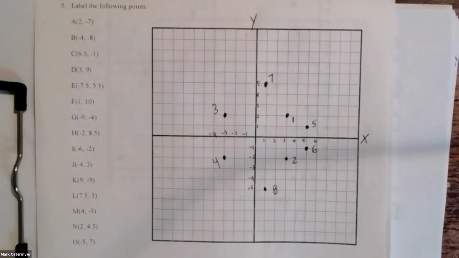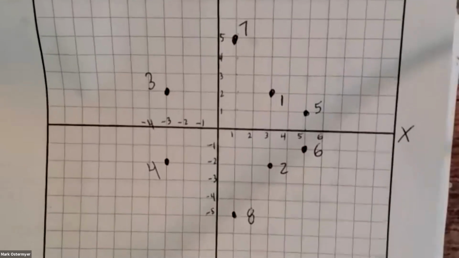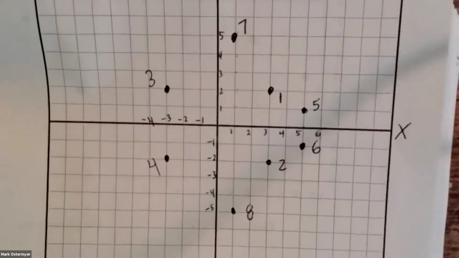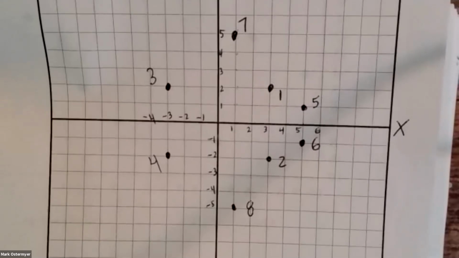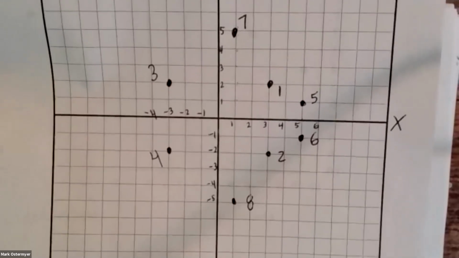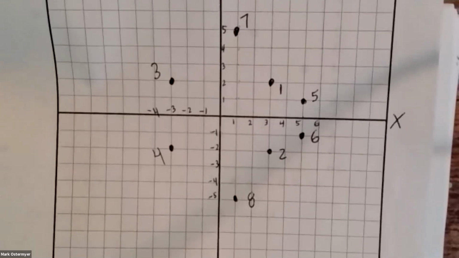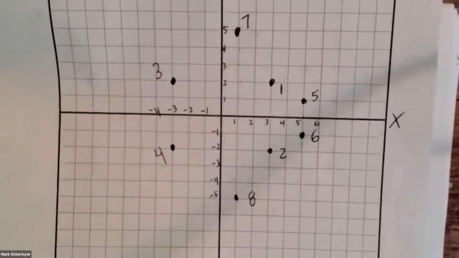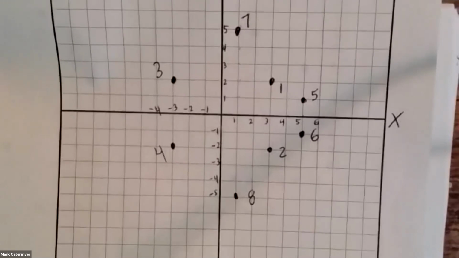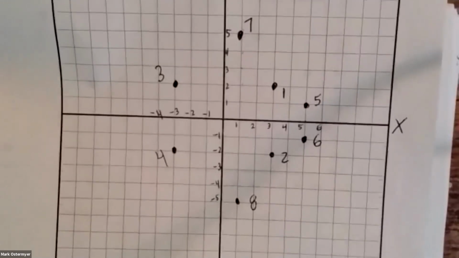Can you pull it closer to the screen, please? I'm sorry. They look like that. Are we plotting these points correctly?